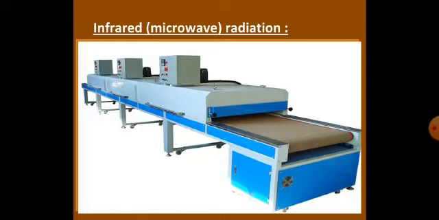This is a tunnel that contains the infrared radiation lamp inside, and the product enters inside the tunnel and is exposed to the heat, which is 180 degrees, and for 20 minutes it will give complete sterilization of the products.